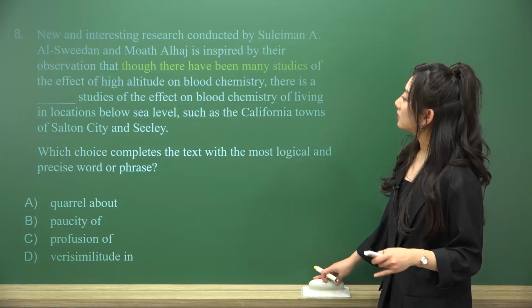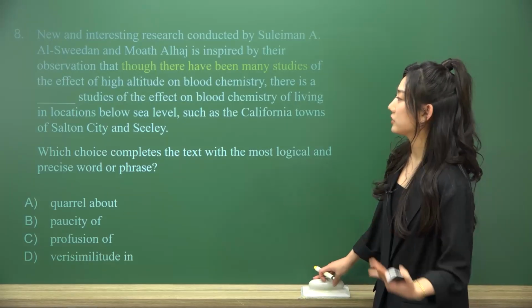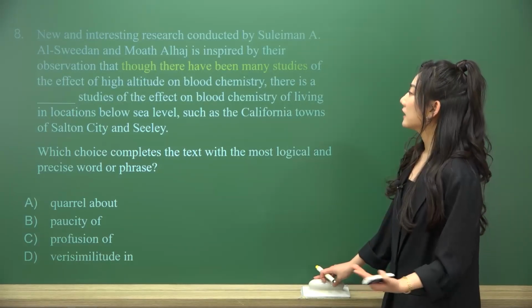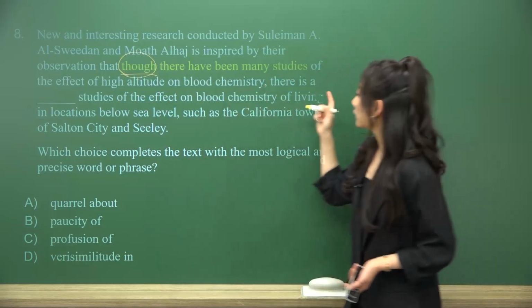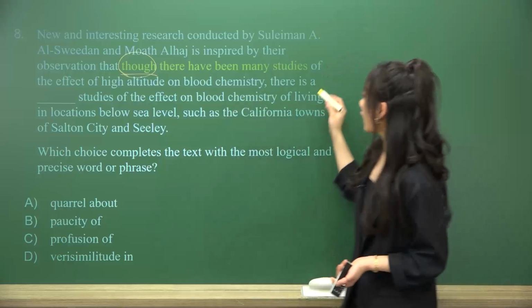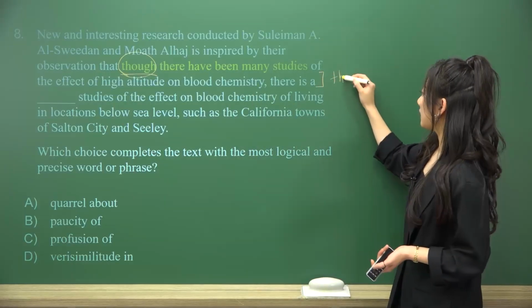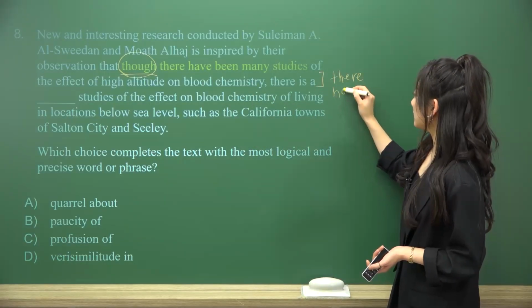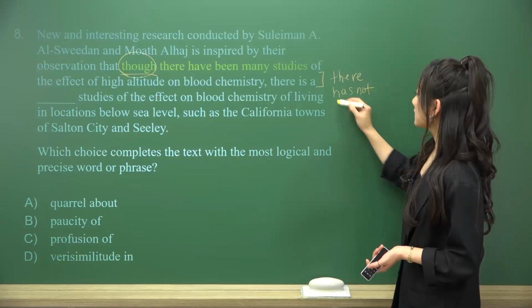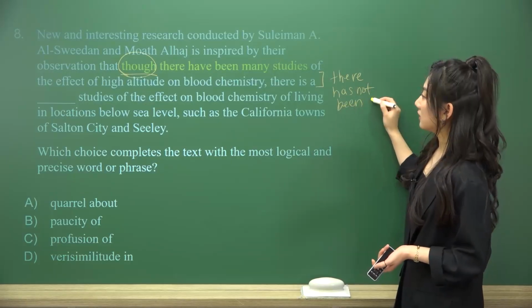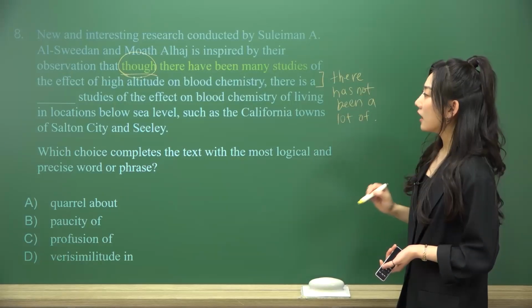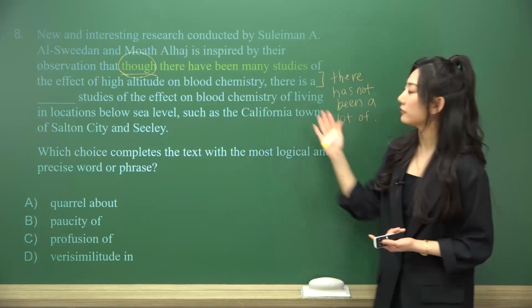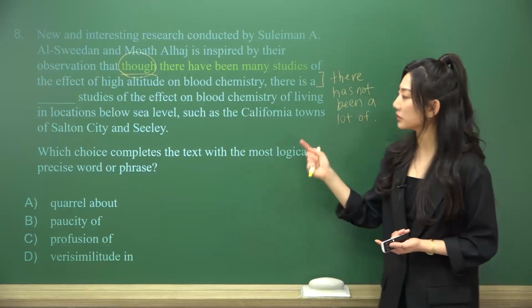There have been many studies of the effect of high altitude on blood chemistry. There is, okay, so contrast word, though, so there has not been is what we're looking for then. There has not been a lot of studies of the effect on blood chemistry of living in locations below sea level.